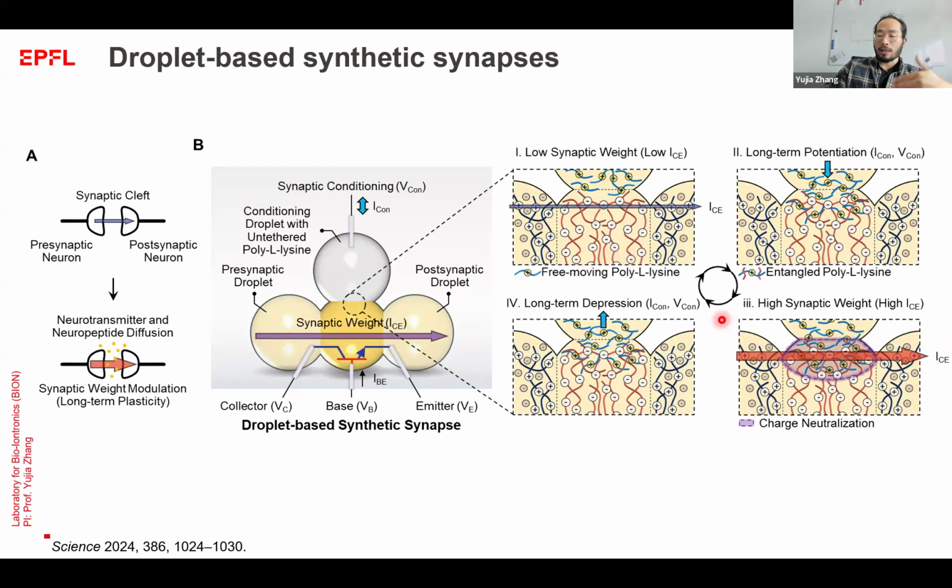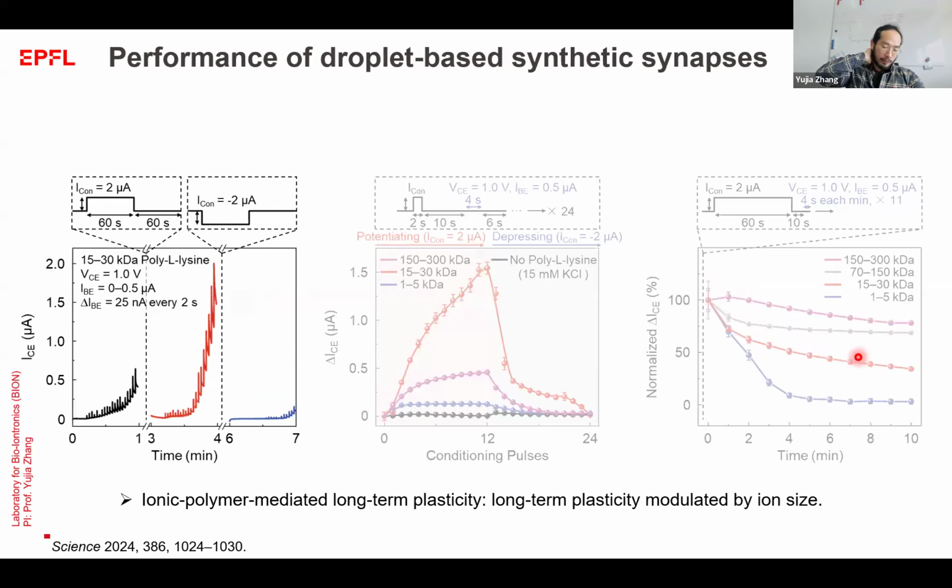We can also apply a reverse voltage or current to withdraw the polylysine, and that needs to be a strong input voltage or current. Just by removing it, the polylysine will get stuck there because of their large molecular size. By repeating these cycles again and again, we can use this to store memory, as shown in this slide.